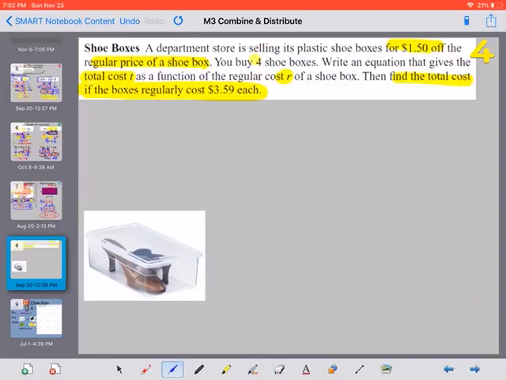So let's maybe write an equation to help us, because right here it says write an equation that gives the total cost T as a function of the regular cost. Well, the total cost T, we don't know, so we're going to use the letter T. Everything has to equal the total. We know we're buying 4 shoe boxes, but we don't know the regular cost. But we do know that we're getting the shoe boxes for $1.50 off the regular price.